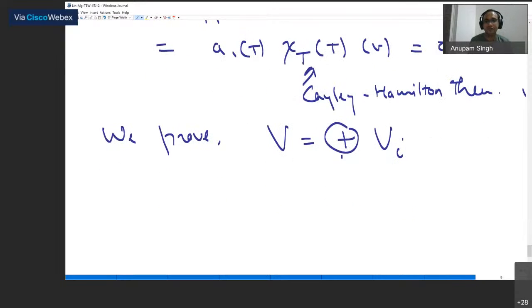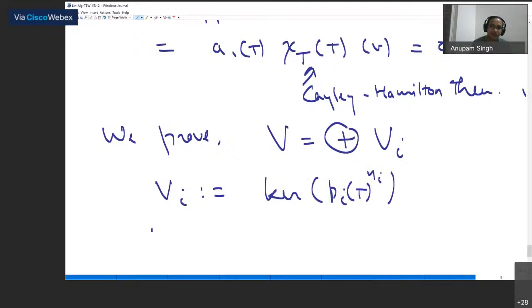And the way we have defined this Vi, how are the Vi defined? Vi is supposed to be the kernel of pi(t) to the power ni. You can see that T of Vi is clearly inside Vi, because if I take any vector from this and apply pi(t) to the power ni, it will still make 0 because this is a kernel. So this is also true.